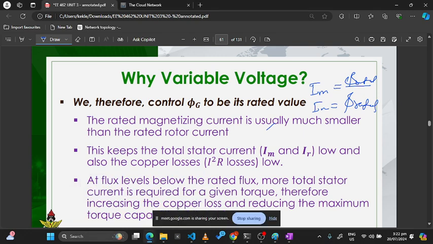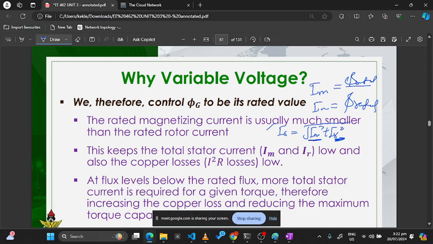So the rated magnetizing current is usually much smaller than the rated rotor current, of course. Okay, so we said that the rated current flowing in the stator is the square root of Im squared plus Ir squared. But the rotor current component is far greater than the Im. The Im is just for magnetizing the core. Is that okay?